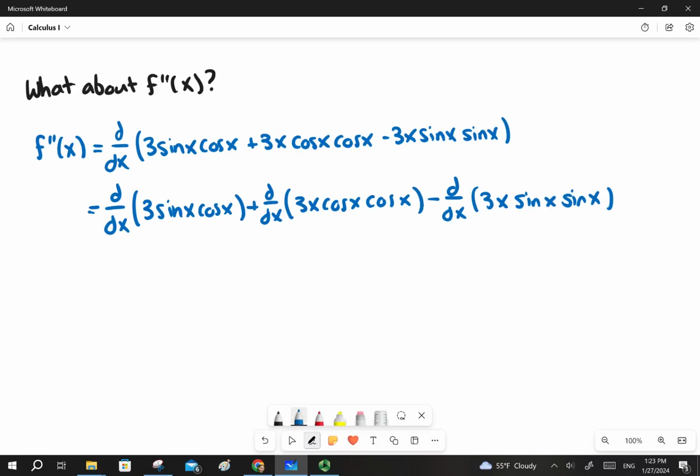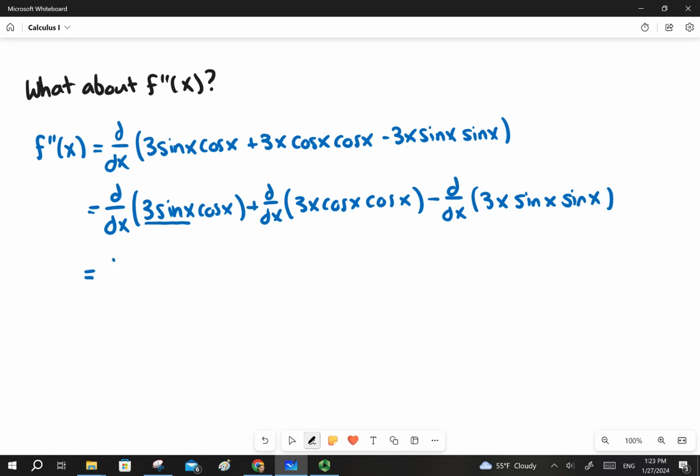Each of these terms has a product in it. The first term is really just a product of two functions because the constant function 3 can be factored out or left in. It really just depends on how you want to do it. What I'll do is I will think of my first function as 3 sine of x.